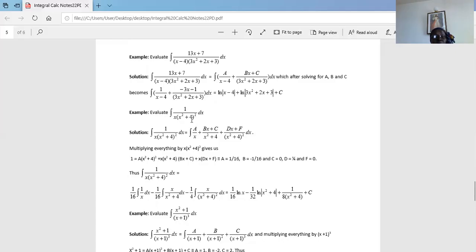Hence, for x, it is a over x. But for x squared plus 4 squared, if we make this be y, it is y squared, and we would have b over y plus c over y squared.